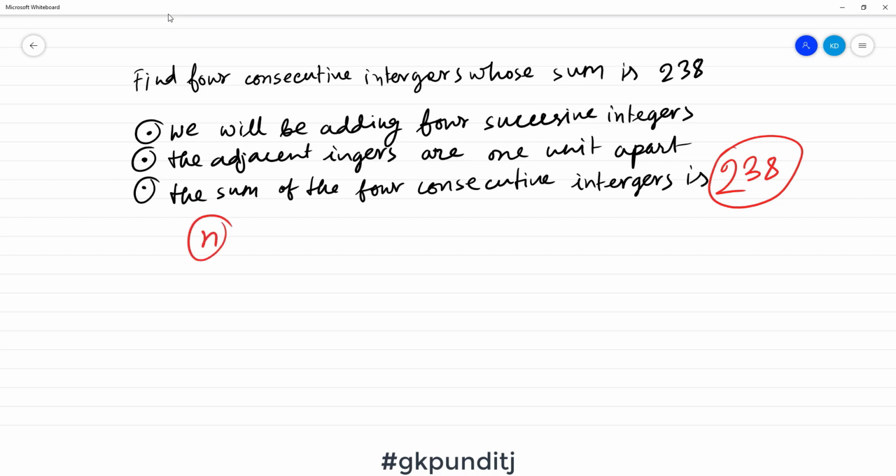Now our first integer is n. Since the integers are consecutive, the second integer will be n plus 1, and the third one is n plus 2.